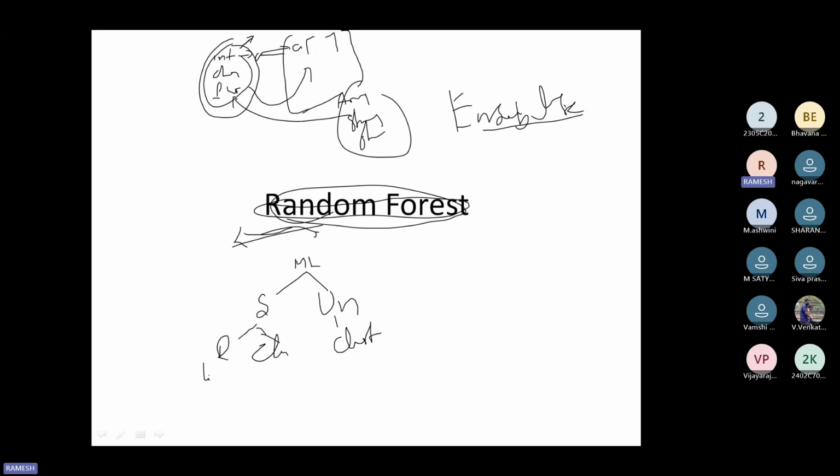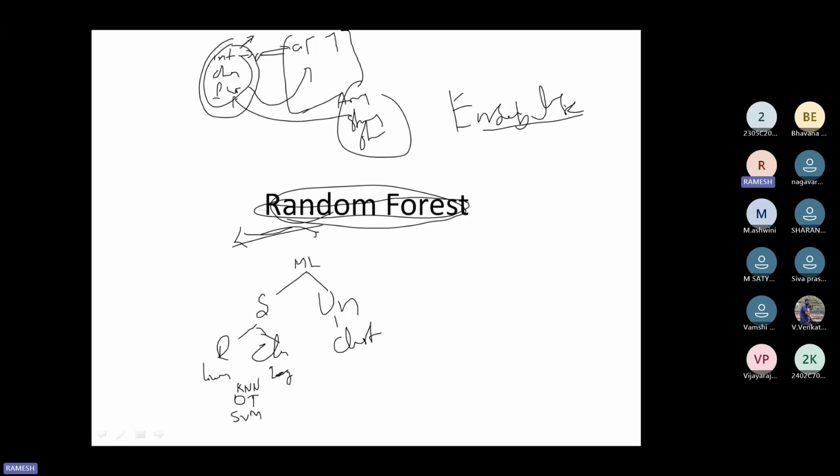Regression is purely linear regression. Clustering, logistic regression. Next, decision tree: both regression and classification can be done. Support vector machine: both regression and classification can be done. Next, k nearest neighbors.